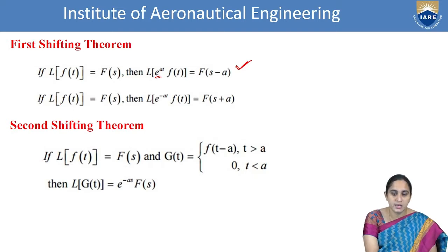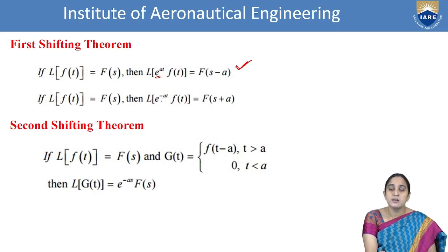And the second case, if Laplace of f of t is equal to F of s, then Laplace of e power minus at into f of t is equal to F of s plus a. Once you observe here, the function f of t is multiplied with an exponential with the negative power minus a into t.